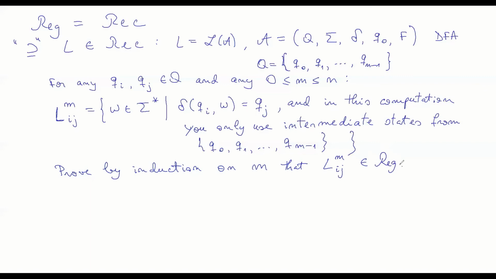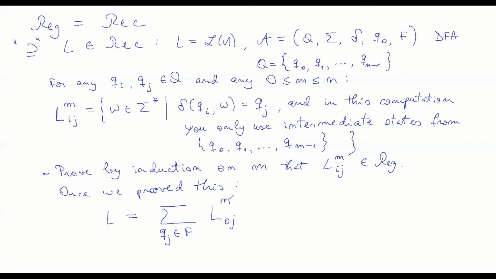And once we prove this, it's really easy to see that we are done, because language L is going to be the following sum: a sum with Qj in the final states of the language of all these words that start in Q0 and end in j for all the final states, and you are allowed to use any state you want as intermediate state.